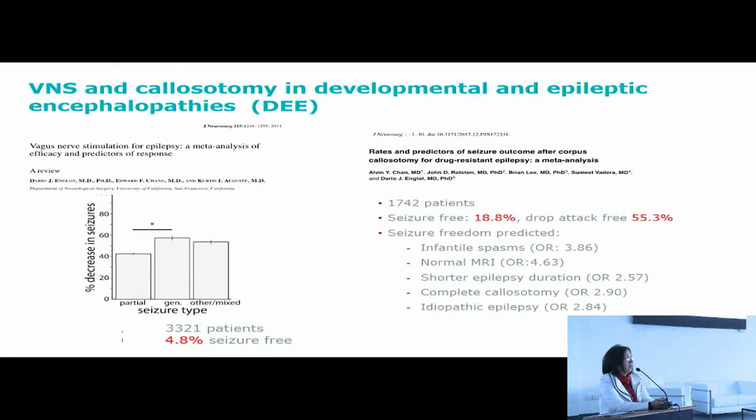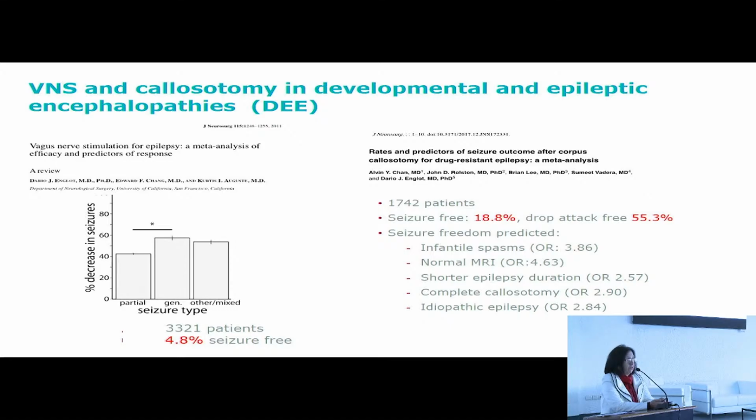If you look at the same population for callosotomy, the amount of seizure freedom is certainly higher, especially for drop attacks, and there it comes again to individualized treatment: what is the worst for the patient and the family? Drop attacks are usually associated with a lot of falling.